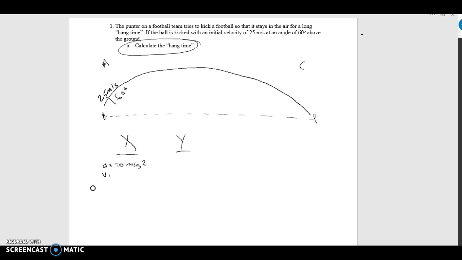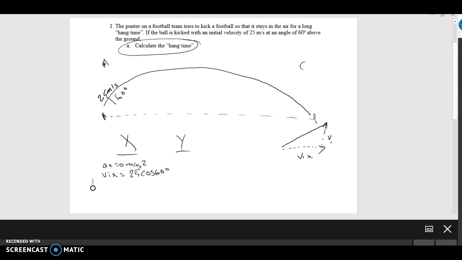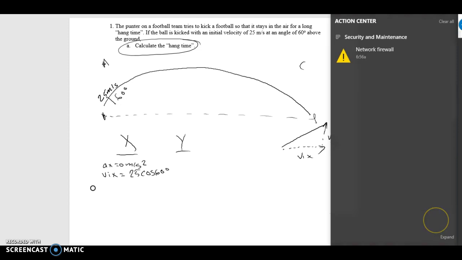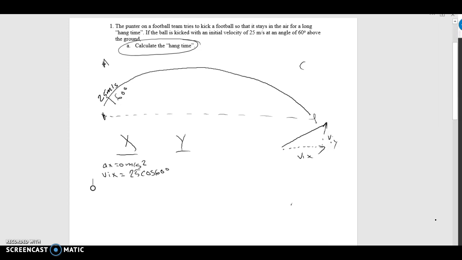I know that the initial velocity in the X direction is found using SOHCAHTOA. The way you find that is 25 cosine of 60 degrees. Remember, you have this triangle. I'm just going to draw it out to the side, where the horizontal component is VIX and the vertical component is VIY, and then you solve this in that manner.